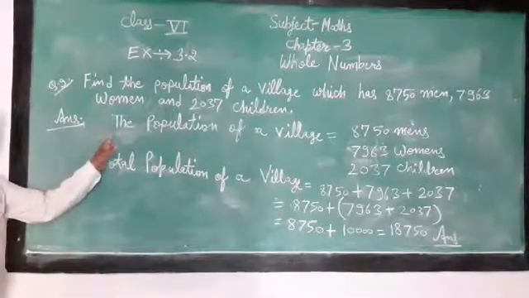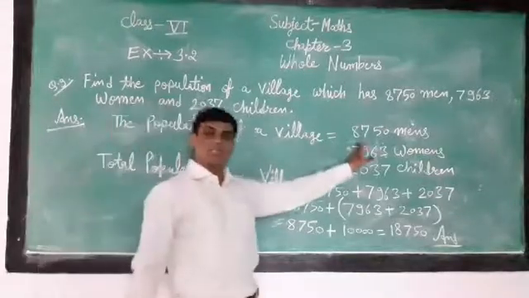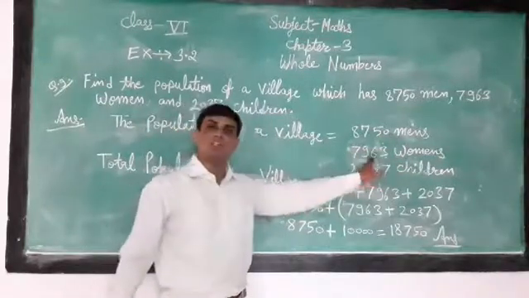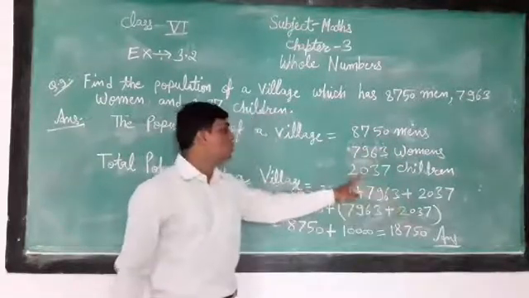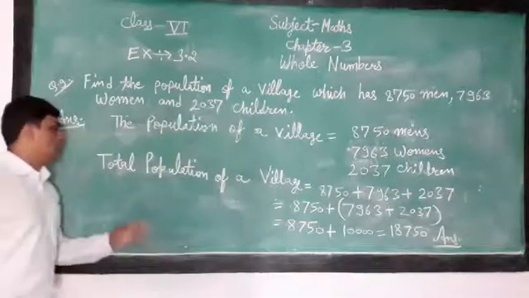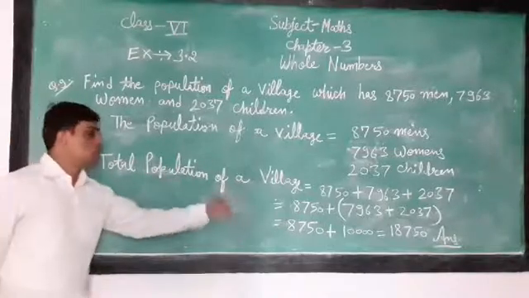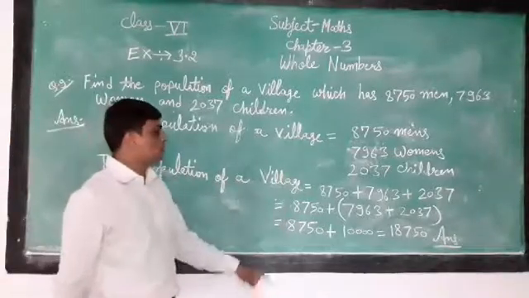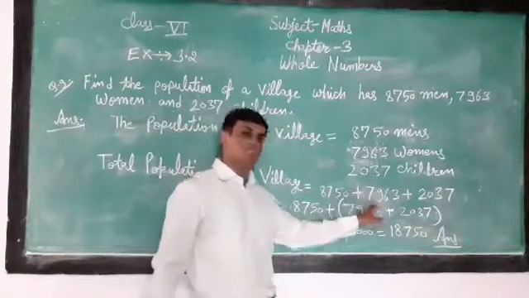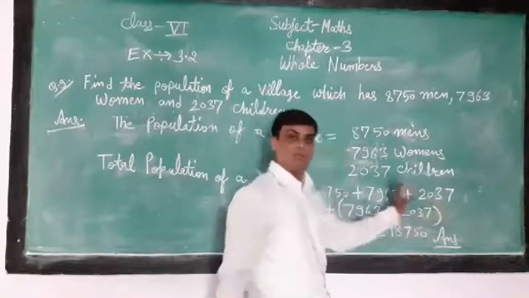The population of a village is equal to 8,750 men, 7,963 women, 2,037 children. Now, total population of a village is equal to 8,750 plus 7,963 plus 2,037.